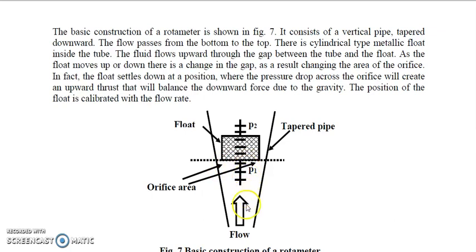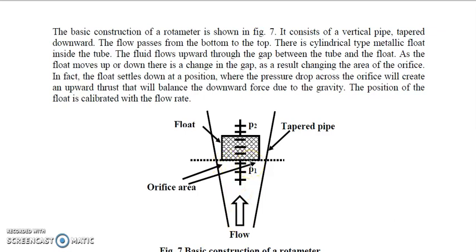When there is no flow, zero flow, at that time the float resides at the bottom and the passage is totally closed. As the flow starts, the liquid starts flowing, and the float will move upwards and this orifice area will change.